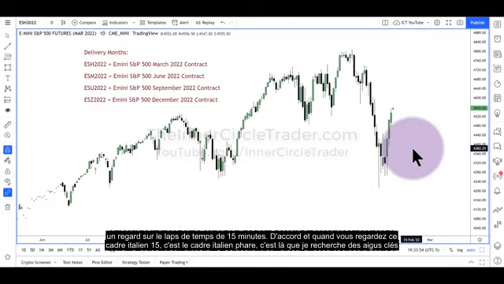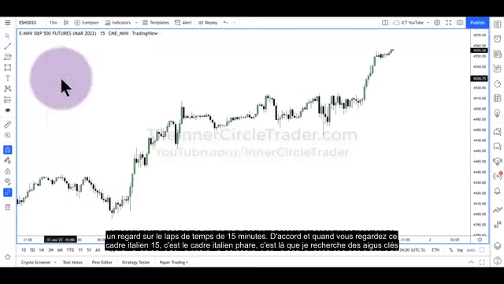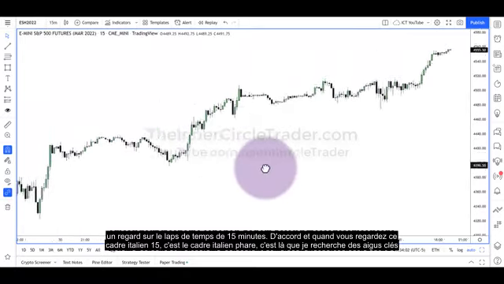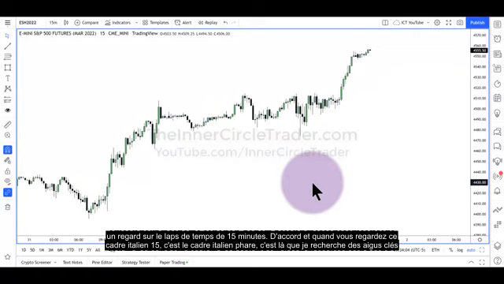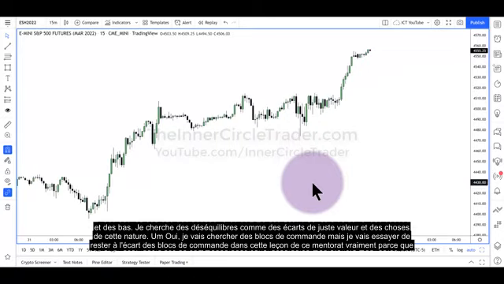But I want to take a look at the 15-minute time frame. All right, and when you're looking at this 15-minute time frame, this is the bellwether time frame. This is where I'm looking for key highs and lows.